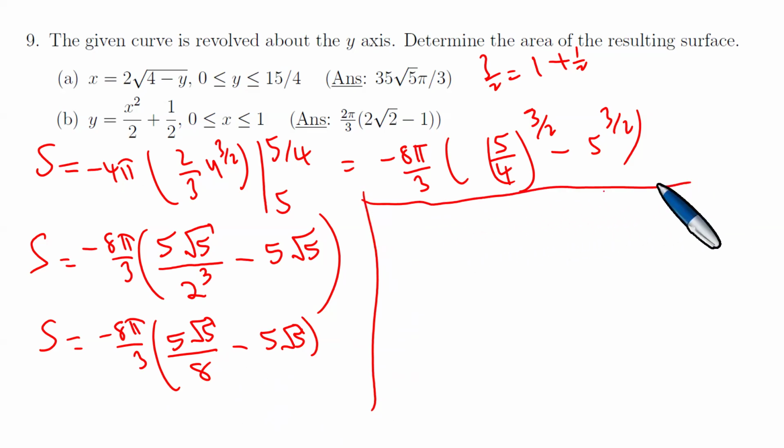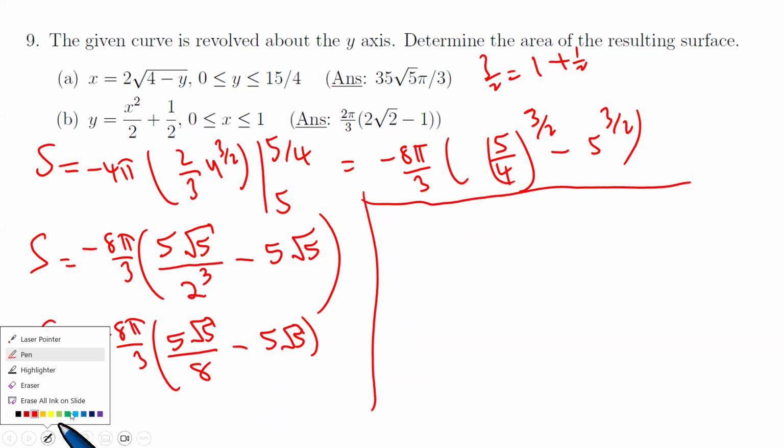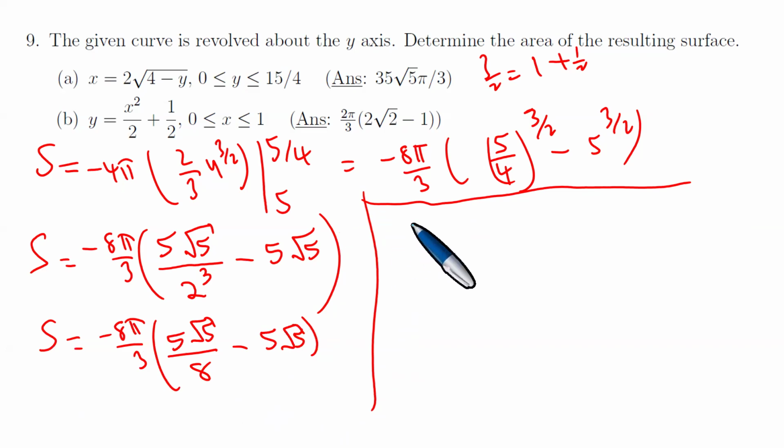So what is this? This becomes the area of the surface. You get exactly minus 8 pi out of 3. Then here you cross multiply. The 8 is going to multiply this because this one is denominator 1. So you just cross multiply. The 8 goes there. The 1 multiplies there.